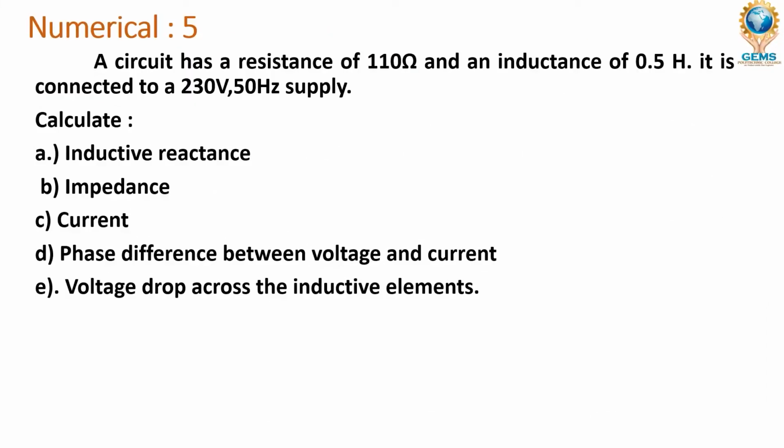Now we will see one numerical on this RL circuit. A circuit has a resistance 100 ohms and inductance of 0.5 Henry. It is connected to a 230 volt 50 Hz supply. Calculate inductive reactance, impedance, current, phase difference between voltage and current, voltage drop across the inductive elements. So first we will note down the data.